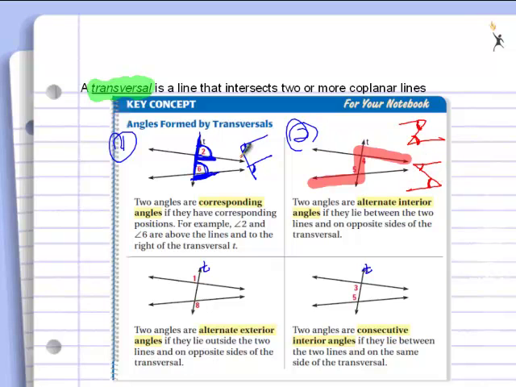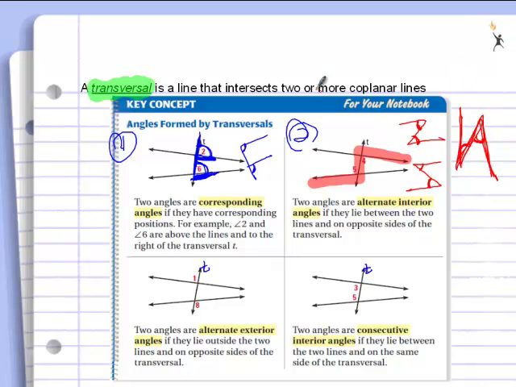Letter F helps you identify corresponding angles. Letter Z, or any type of letter Z, maybe it's backwards, forwards, upside down. Okay, maybe it looks like that. Whoops, that's a W. Sorry. And they're like this. If it's any type of a Z, or maybe it's like the number 2, I don't really care.